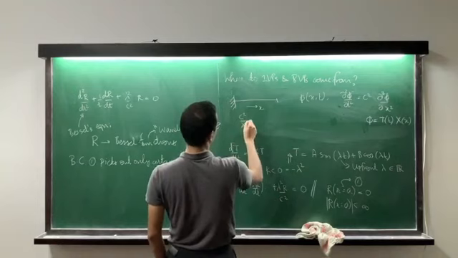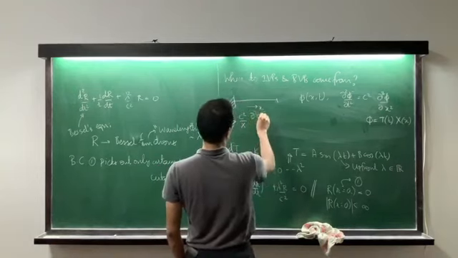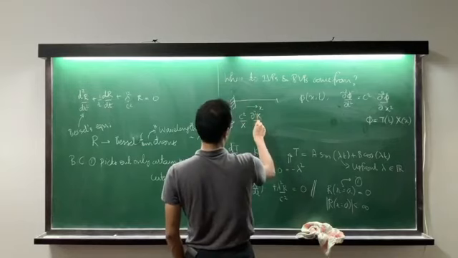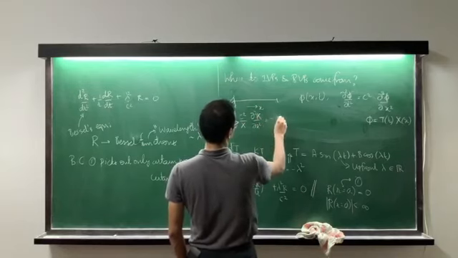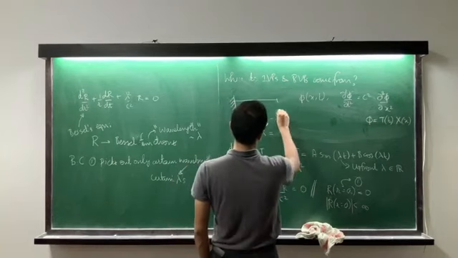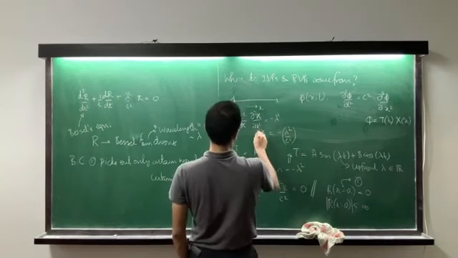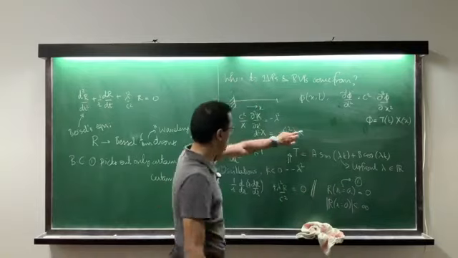So you get c square times d square capital X by dx square equals minus lambda square times X. Again, this is the same equation as this.